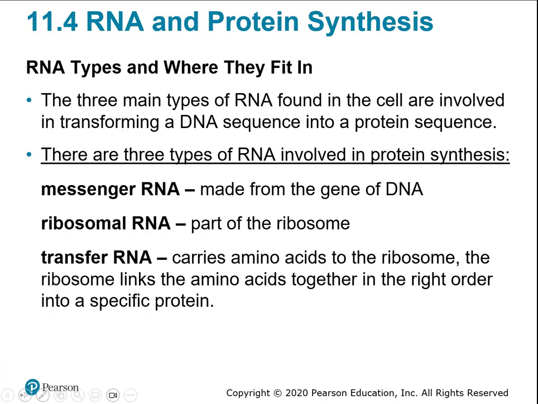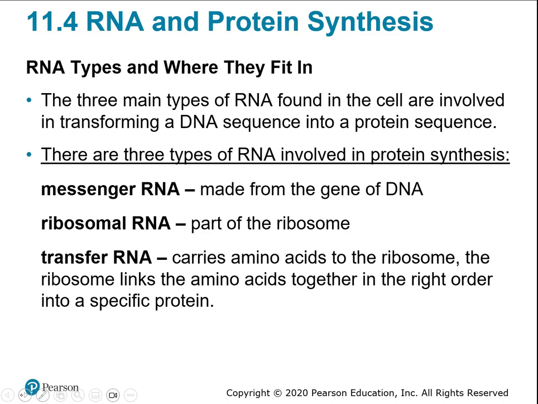So we've talked about all of the parts of DNA, right? DNA has 3 billion nucleotides, and certain sequences in the DNA make up genes. But now when we make RNA, there's actually more than one kind of RNA that you can make.